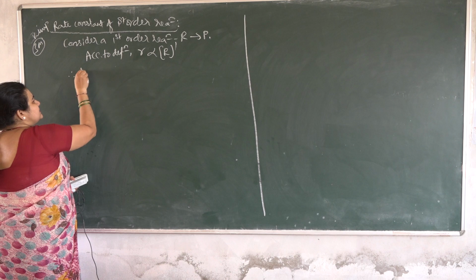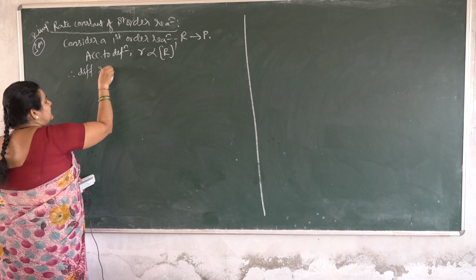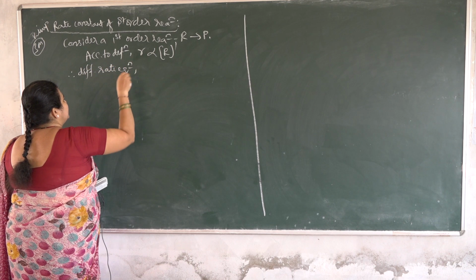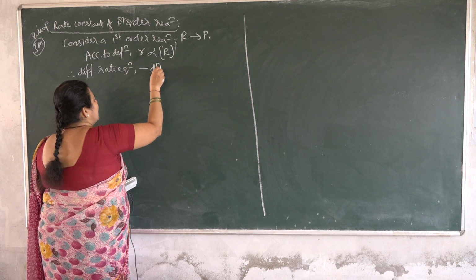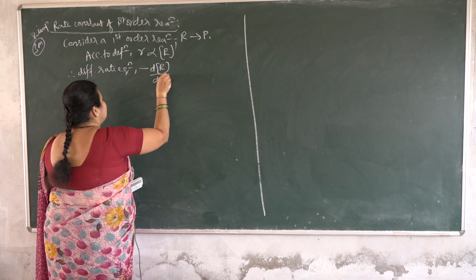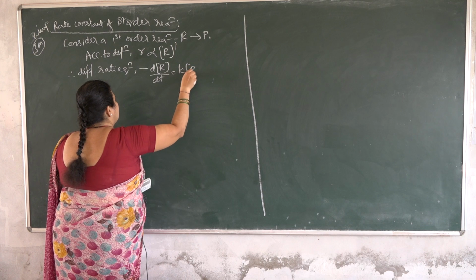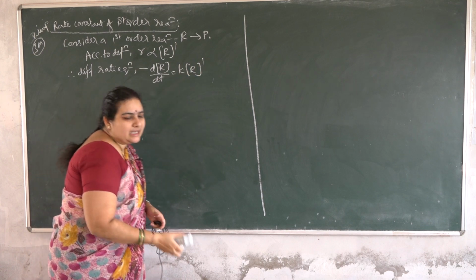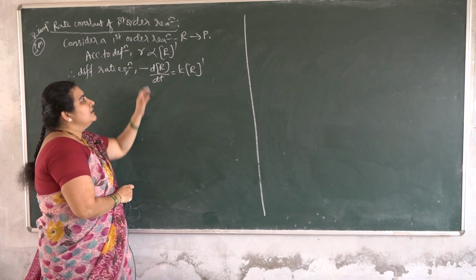Therefore, the differential rate equation can be written as minus d[R] by dt is equal to k into [R] raised to 1. So, this is the equation.